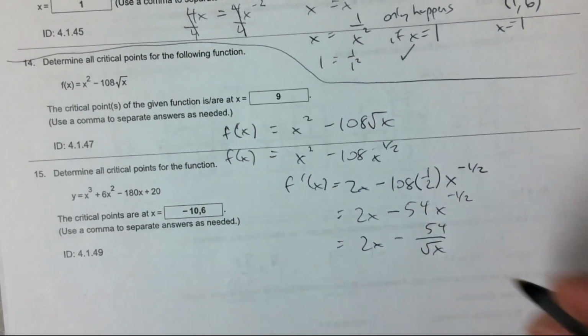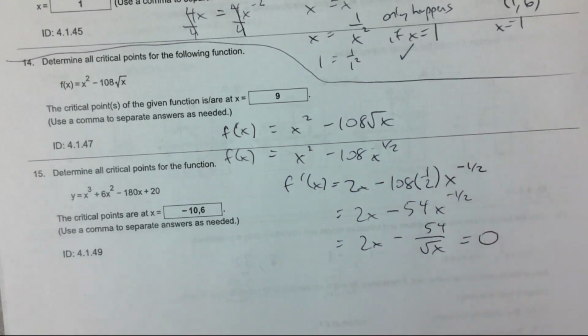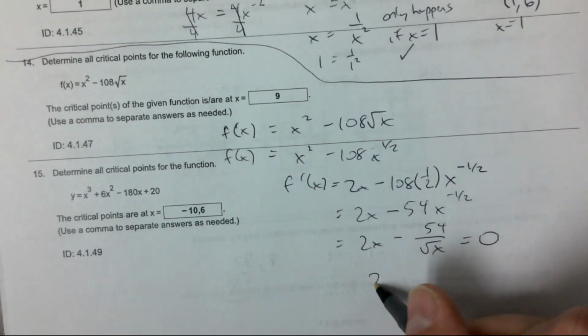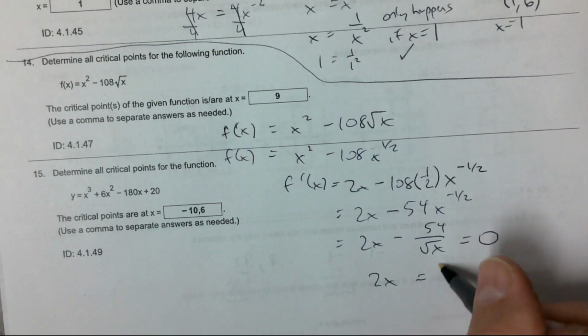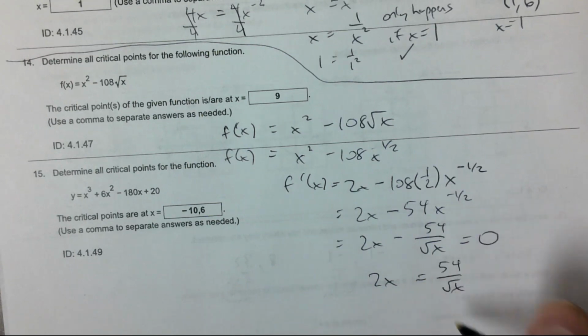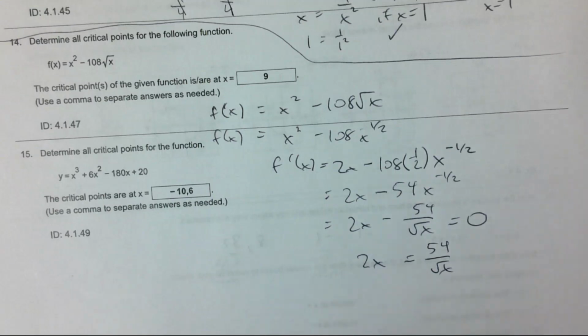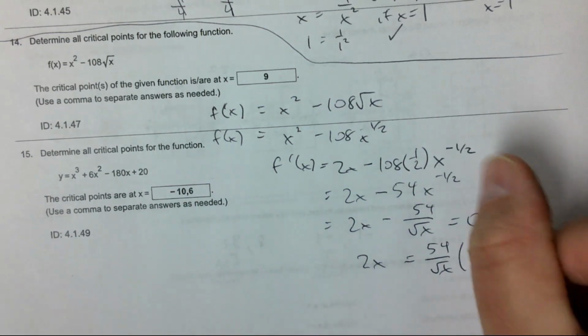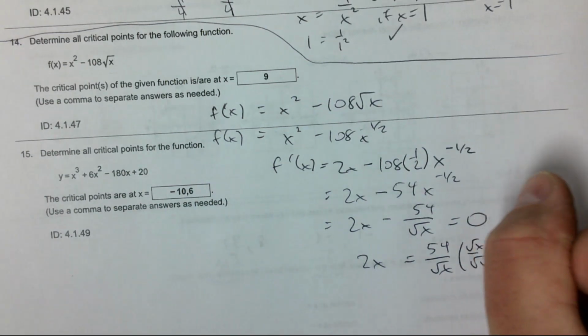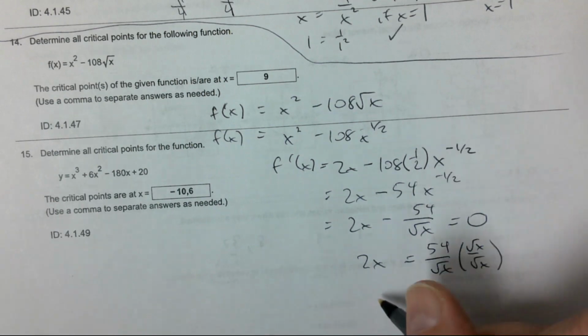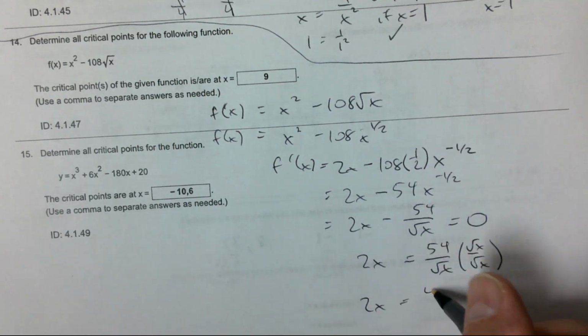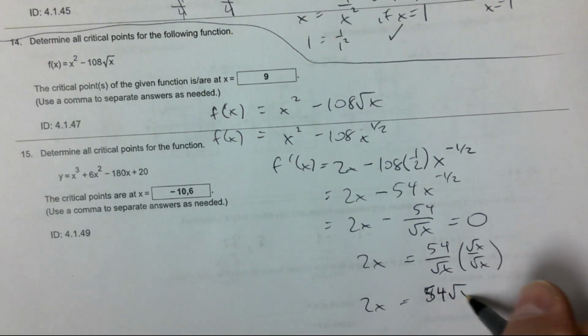If we set that equal to 0, then that'd be 2x equal to 54 over square root of x. This one would probably be a little more complicated if I do the math. We would want to multiply by square root of x over square root of x. So we get 2x equal 54 square root of x over x.